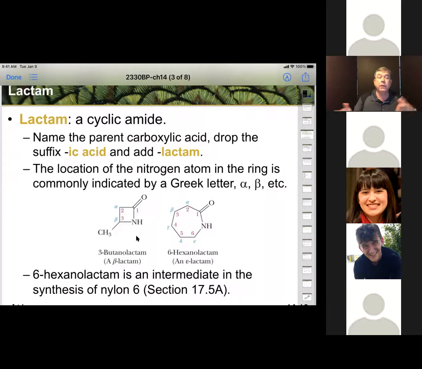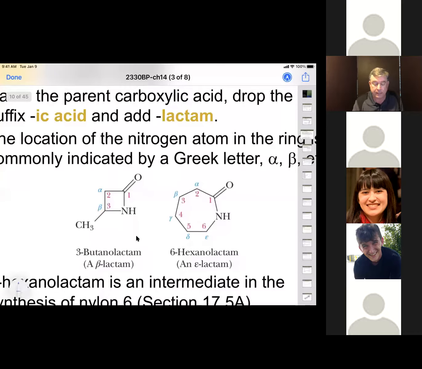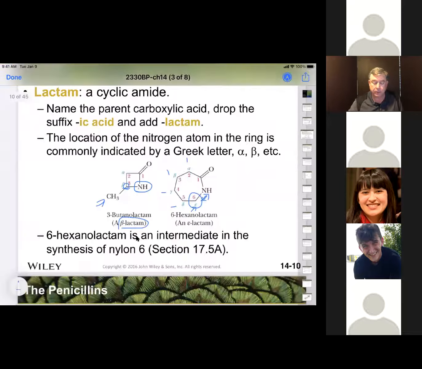But when using the alpha, beta, gamma system, it's where the nitrogen is attached. In the case of this one right here, it's a beta-lactam, because it's not the end of the chain, it's where the nitrogen is attached. In this one, it's an epsilon lactam because it's where the nitrogen is attached. Alpha, beta, gamma, delta, epsilon, in order.